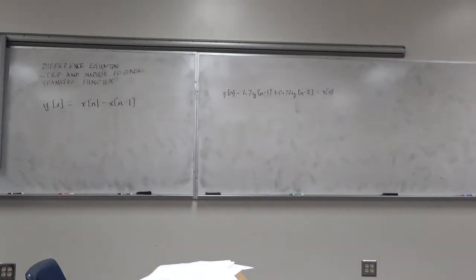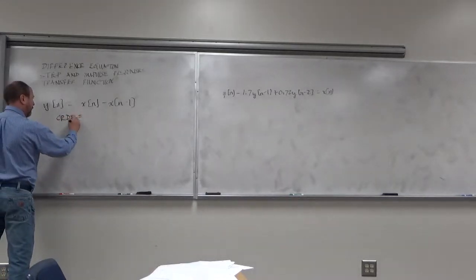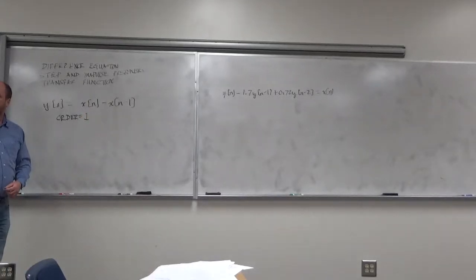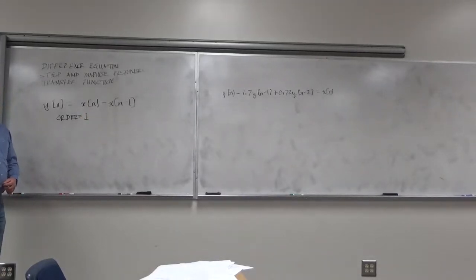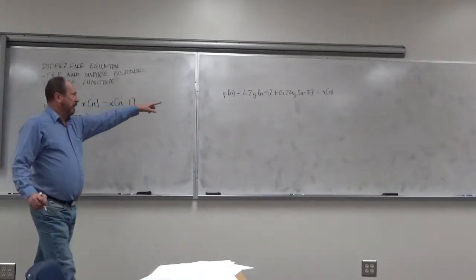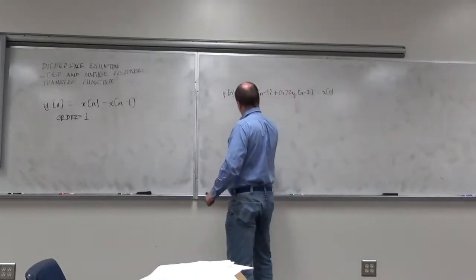Order. Order, okay, let's start with order. This one is order equals 1. First order. How do I know it's first order? Because I have only one time shift. What about over here? What order? 2. Okay, so this one's second order.